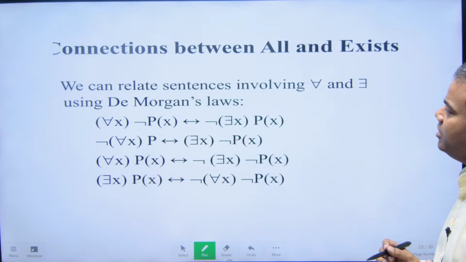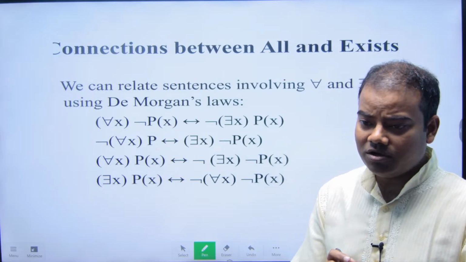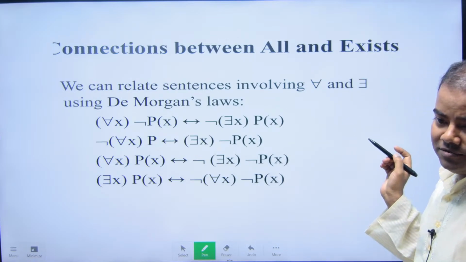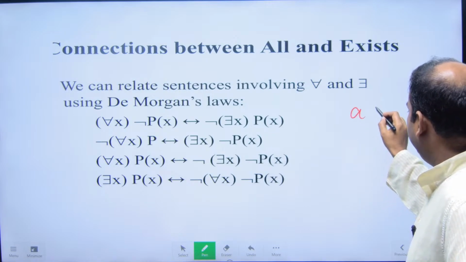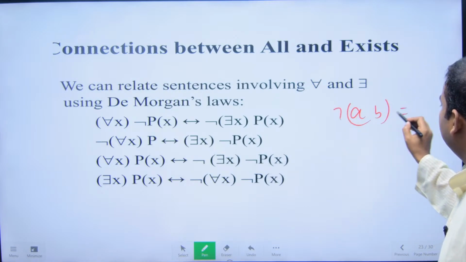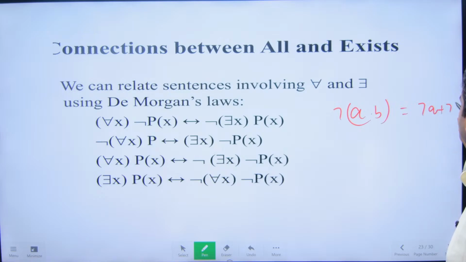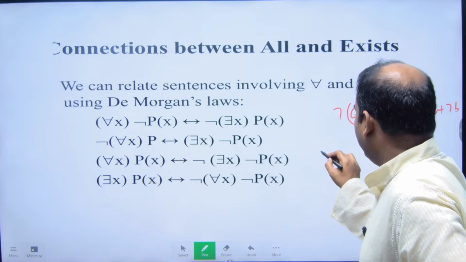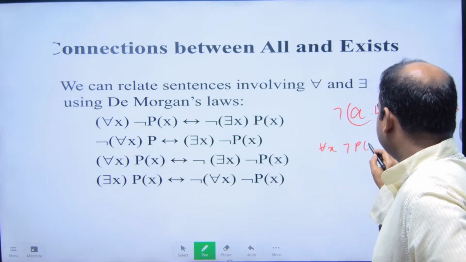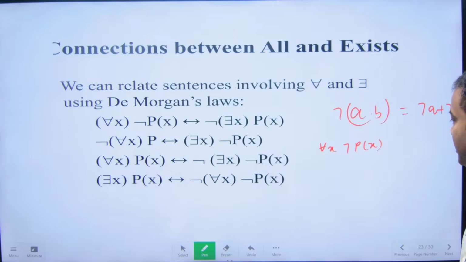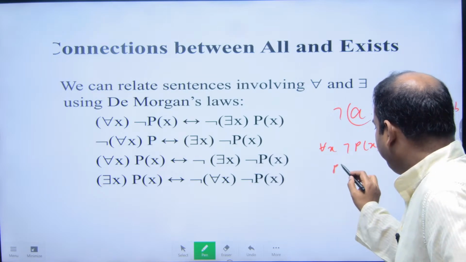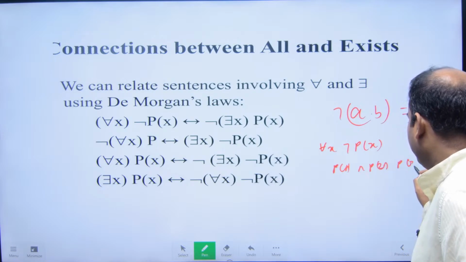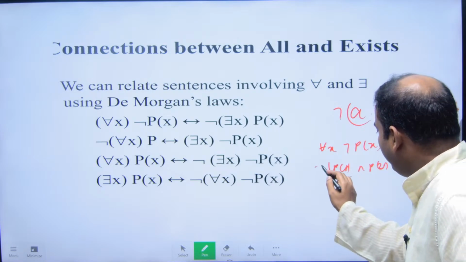This is very basic. De Morgan's law, you know what De Morgan's law is? Okay. What is De Morgan's law? Can you tell me? A and B, whole bar, is what? A bar plus B bar. So this is De Morgan's law. Similarly here it is what? Not of for all x, Px. What does it mean? Actually it means P1 and P2 and P3, and you are applying not.